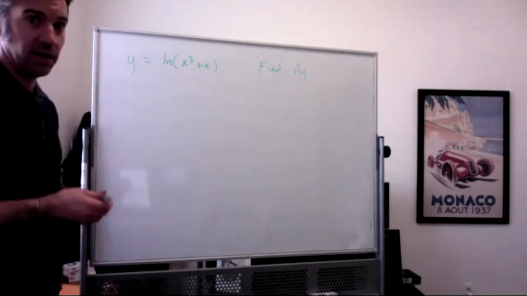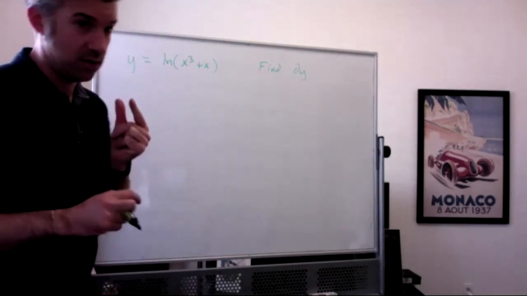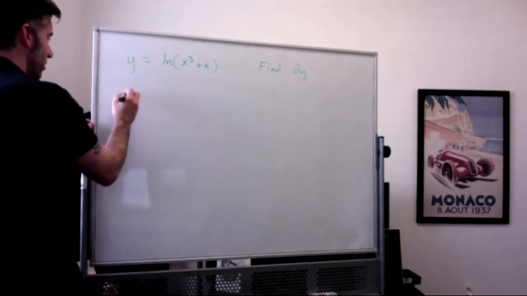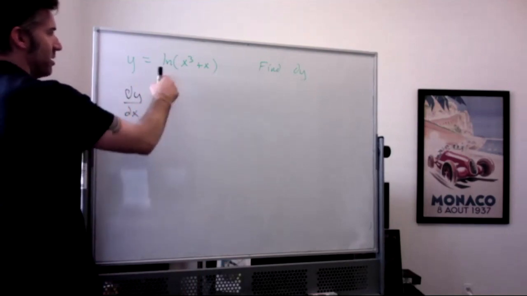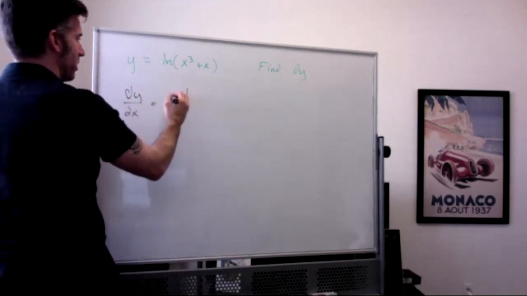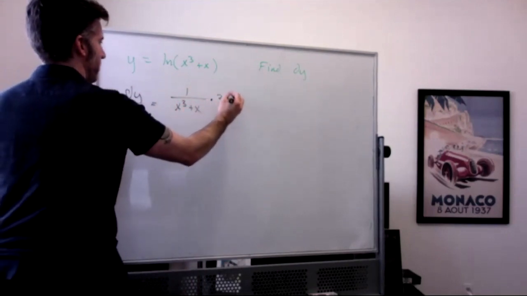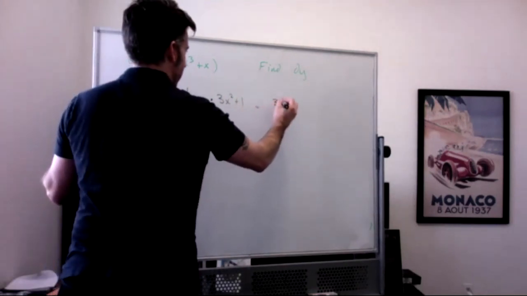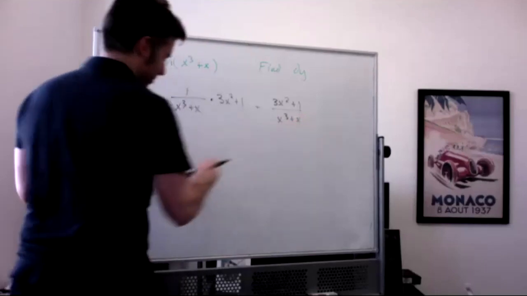It is literally something you already know how to do with an extra step. So I know how to find the derivative. dy dx is the derivative of natural log of some stuff, which is 1 over the stuff times the derivative of the stuff, which I might rewrite as 3x squared plus 1 over x cubed plus x.